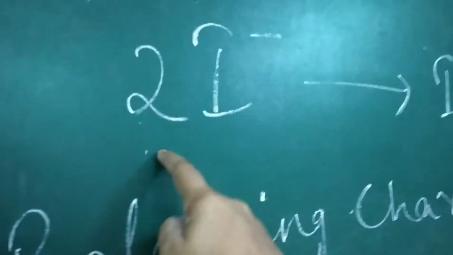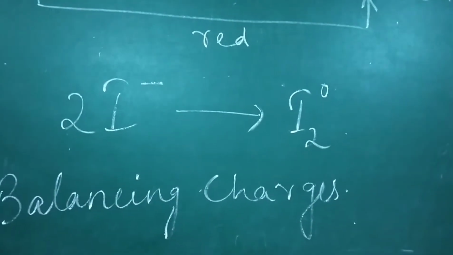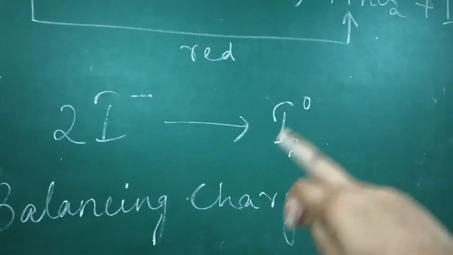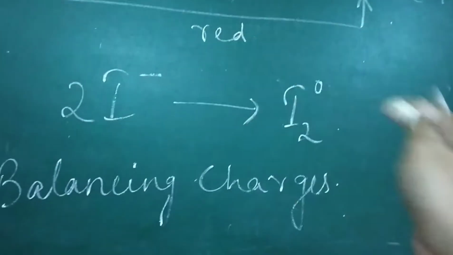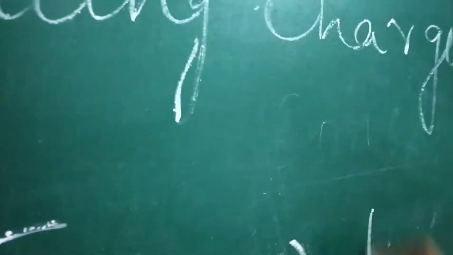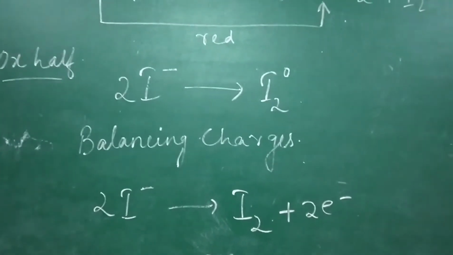So if we want to balance the charges on both sides, obviously we have to balance the charges with the help of electrons. So we will add 2 electrons on the product side. So on this side also it will become -2. So -2 on both sides. So 2I minus giving I2 plus 2 electrons. So here our oxidation half is balanced.